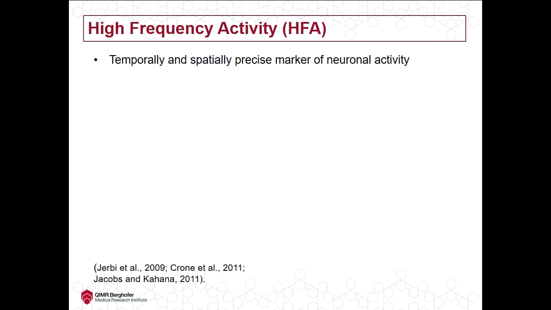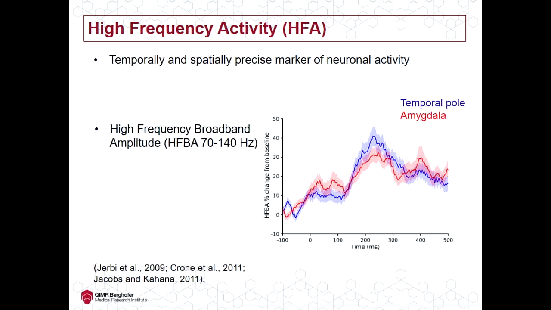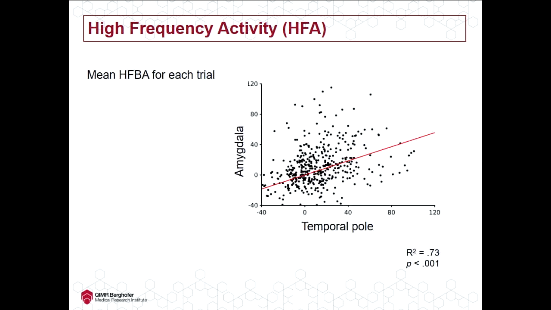We quantified this high frequency activity with high frequency broadband amplitude, expressed as a change from baseline. We see time-locked responses in both of these regions, showing an increase in activity while viewing these pictures. Moreover, the mean of these responses was highly correlated between the two regions, showing that they were responding consistently to these pictures.